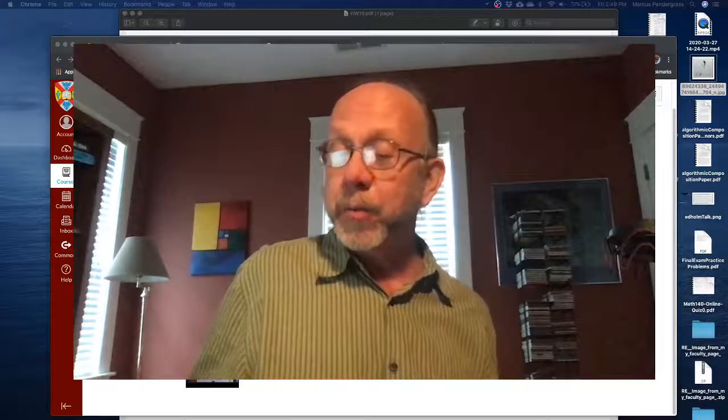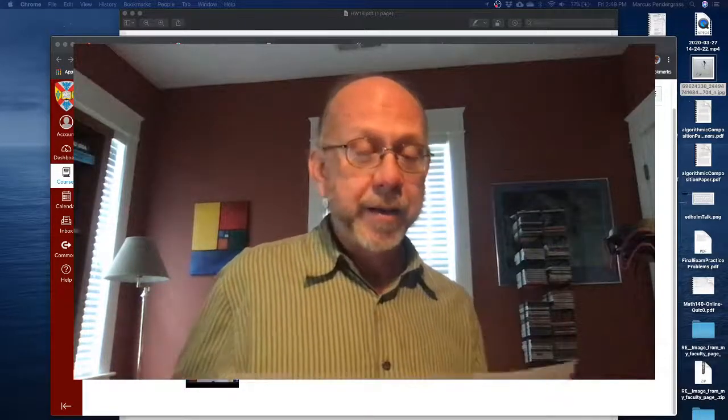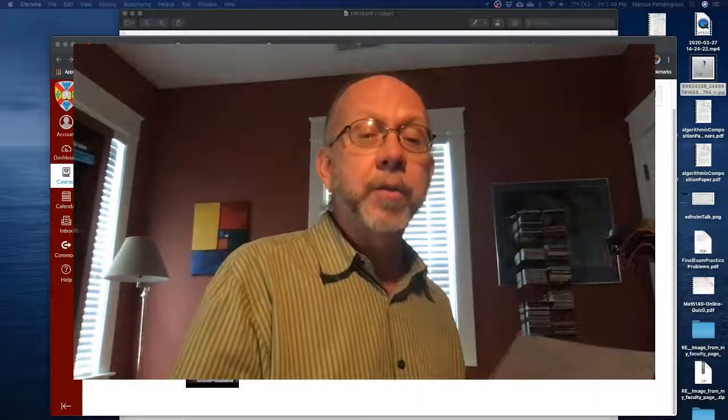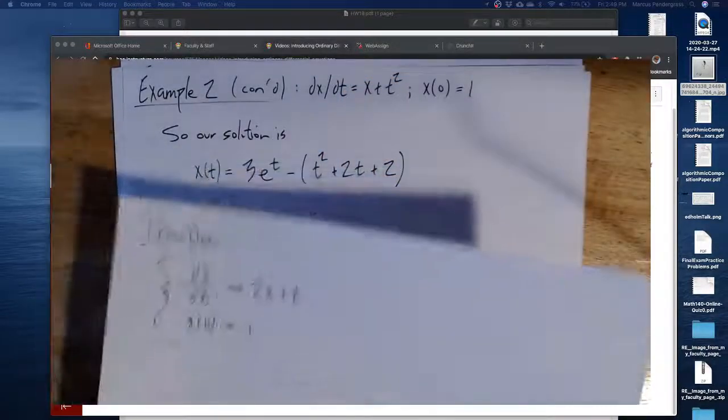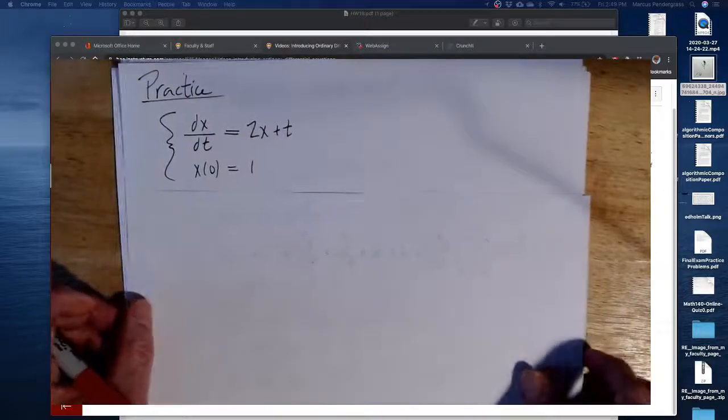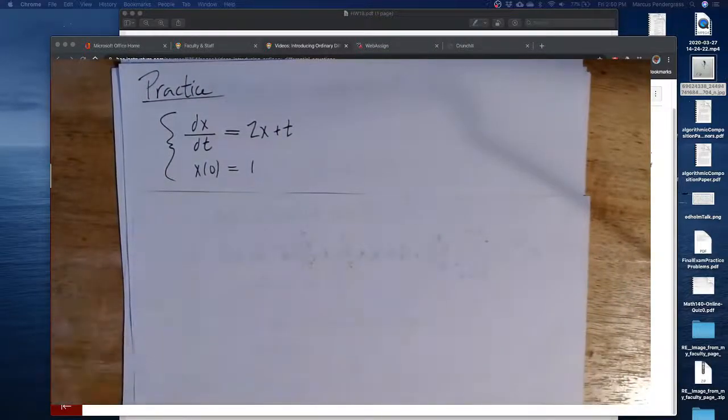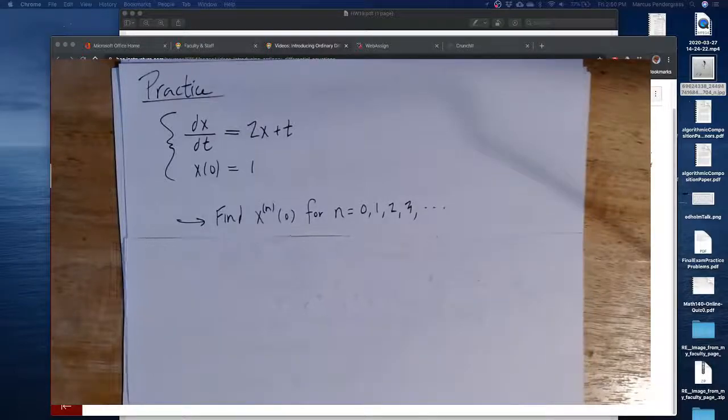I do have another practice problem for you, and let me show you what that is. This is going to ask you to go through the same steps and find a solution for this initial value problem using these methods. So what are we going to do? Well, we're basically going to retrace the steps we've been doing up to now.